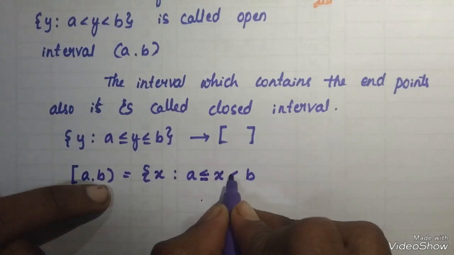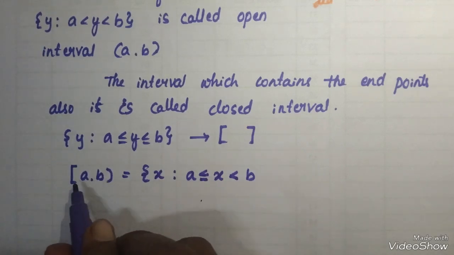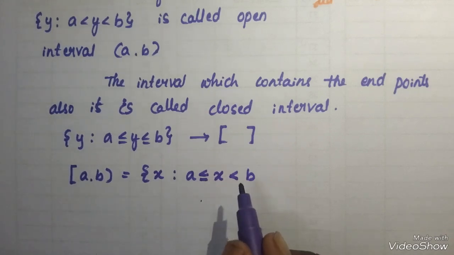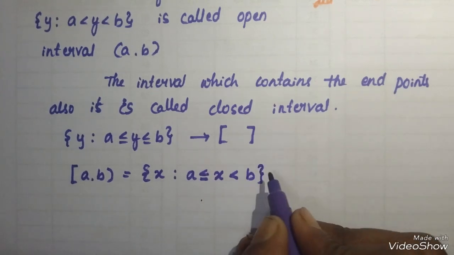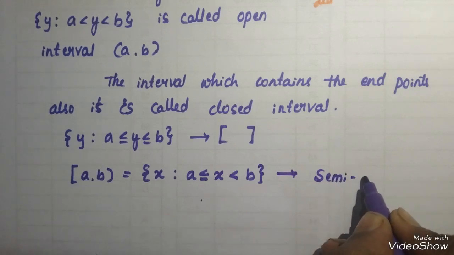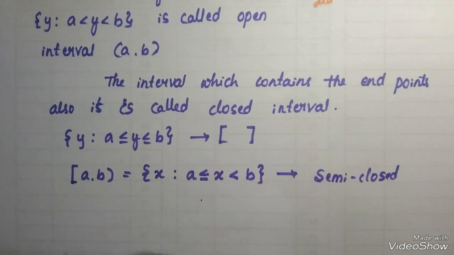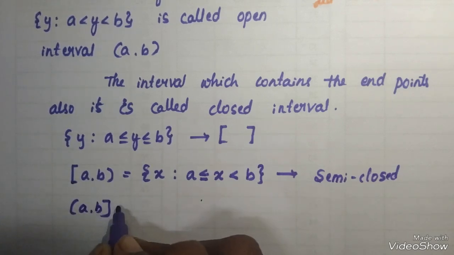The open interval means only the less than condition. Closed interval means less than or equal to, or it may be greater than or equal to, but here we consider A is always less than B, therefore the less than or equal to condition. It is called semi closed. First I have written the open interval, after that I have written the closed interval.